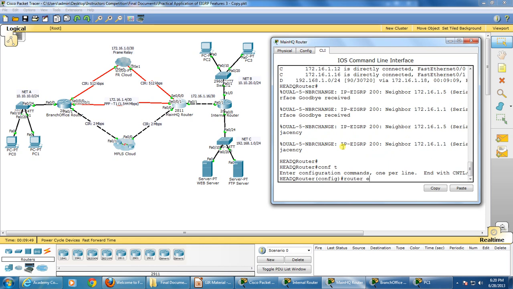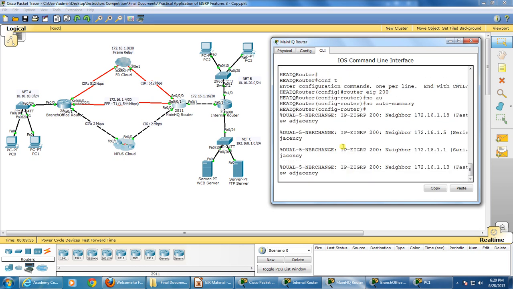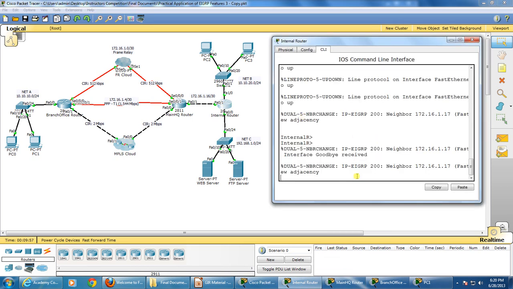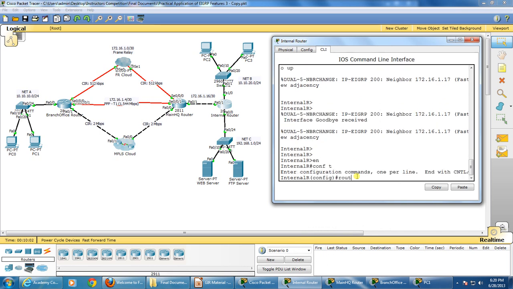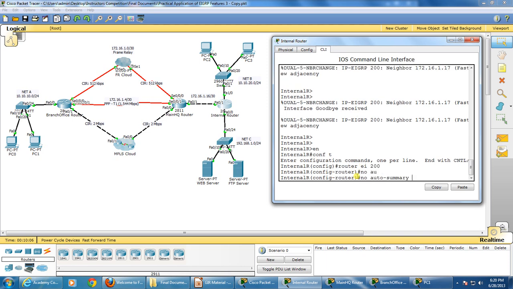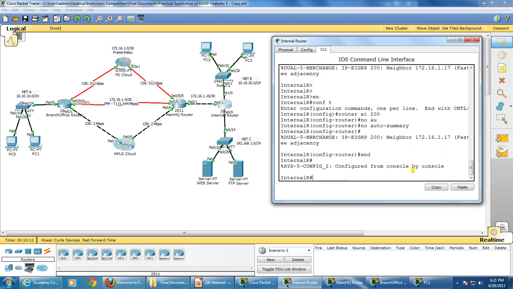Again, you go to the router mode, and then no auto summary, and then lastly our internal router, we need to issue that same command, no auto summary.